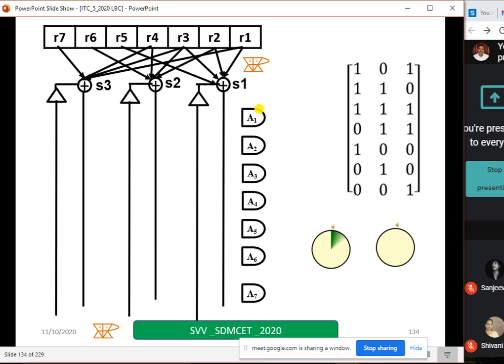And how many S1, S2 I have to draw depends on how many columns are there in H transpose. In the given problem statement, H transpose has 3 columns, hence S1, S2, S3, and S1 bar, S2 bar, S3 bar. And the number of rows are 1, 2, 3, 4, 5, 6, 7, hence I am taking 7 AND gates.